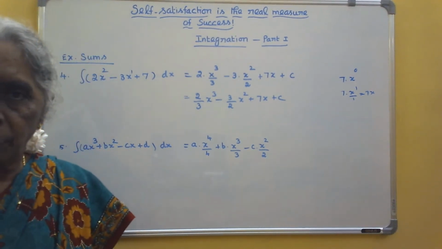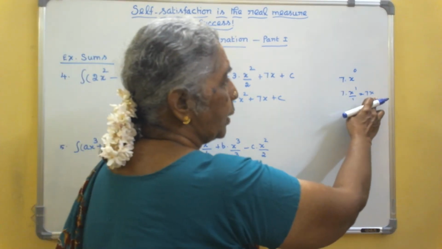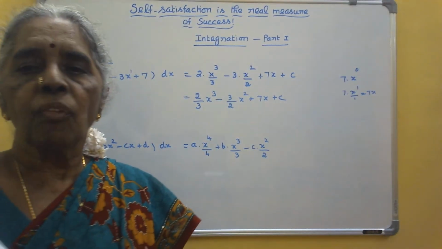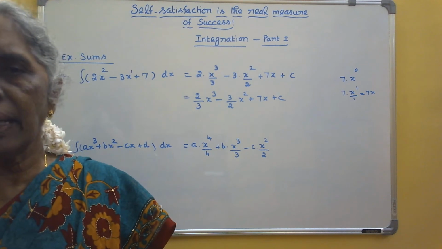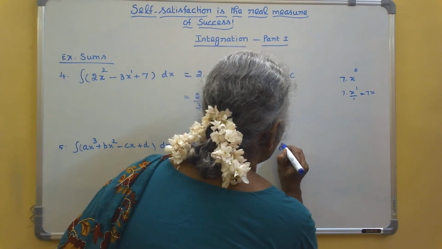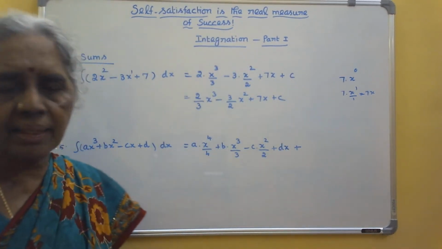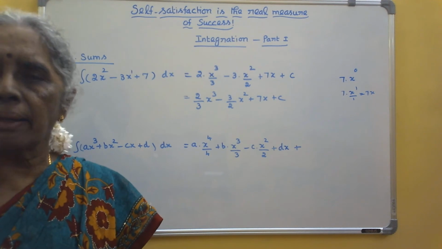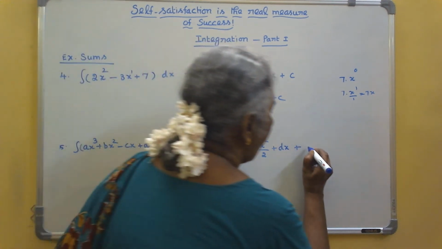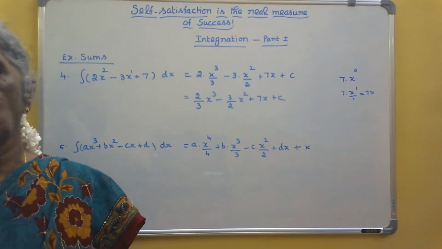I told you when you get a constant, it will be just one x with it. You remember? 7 means 7x, 4 means 4x, d means dx, e means ex, like that. So now I will get a plus dx plus, I already have a c here, so I don't want to write another c for the constant. So I will write some k, where k is the constant I am introducing.